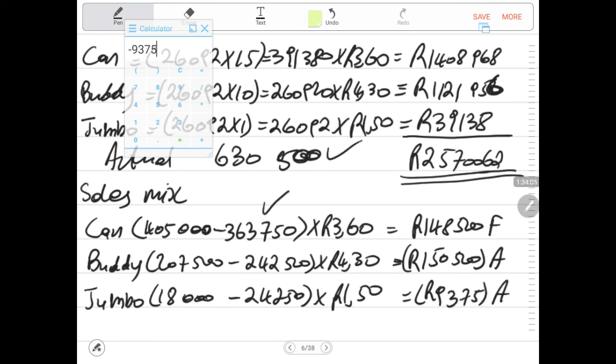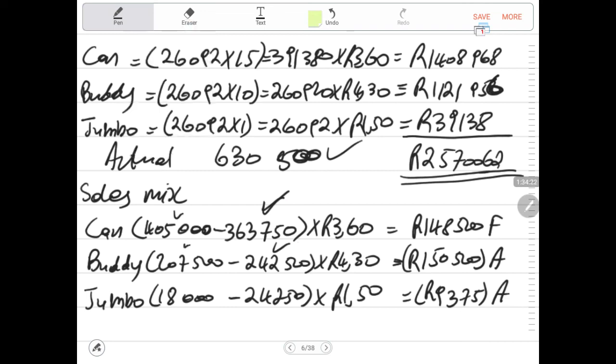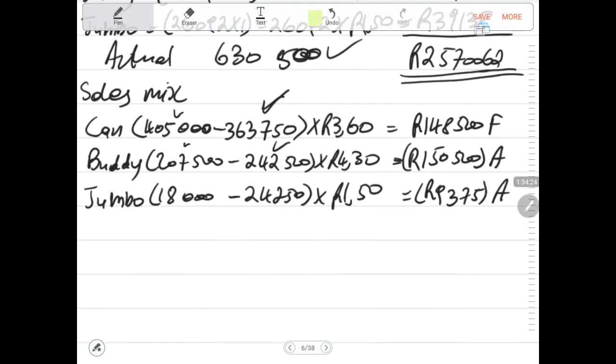Standard is what was supposed to be sold, and 405 is what actually took place. Now, if you sold more than what you were supposed to, that is good. If you sold less than what was supposed, that is bad. Hence, the variances, some are favorable, others are unfavorable.